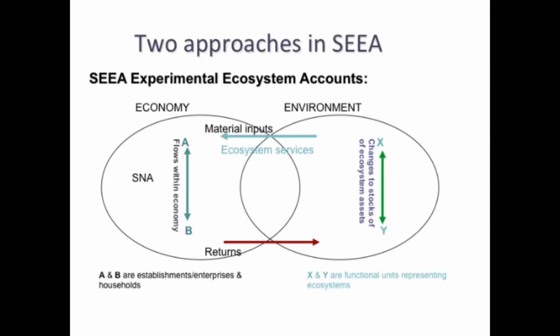The same framework applies, just expanded, for the experimental ecosystem account. So you still have the activity going on the left-hand side within the sphere of the economy. We still have the material inputs, but we expand that to include a broader scope of inputs, which are the ecosystem services. Of course, you still have returns going back towards the environment, and then we identify, and this is the crucial point for the asset accounting, functional units representing ecosystems within the environment, which are X and Y in this diagram.